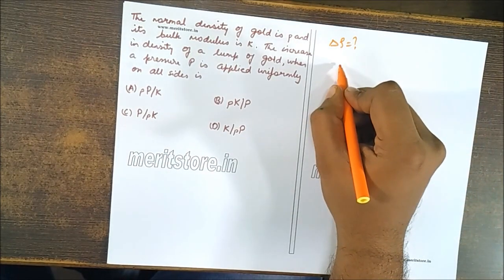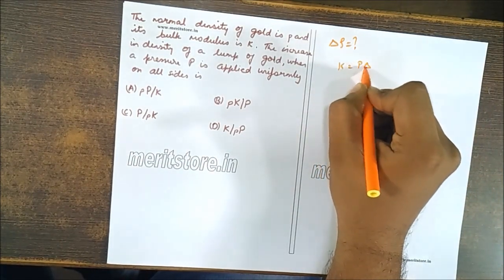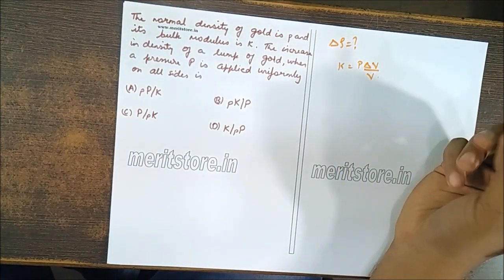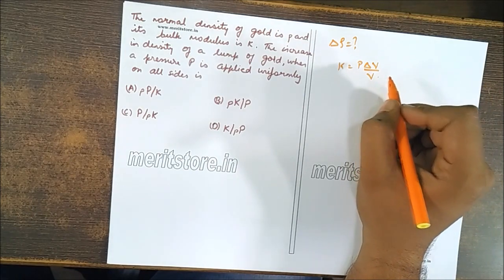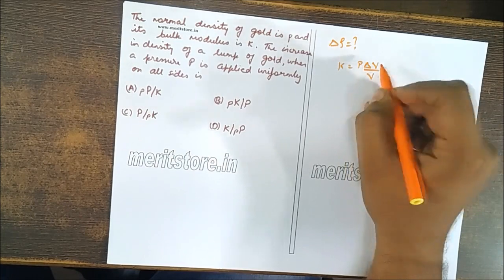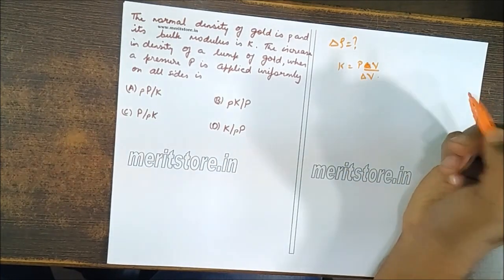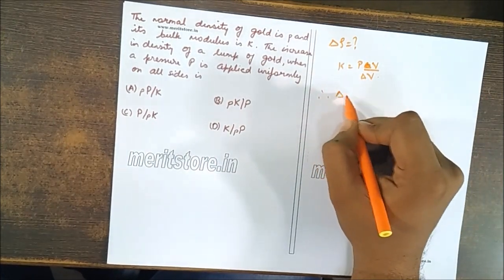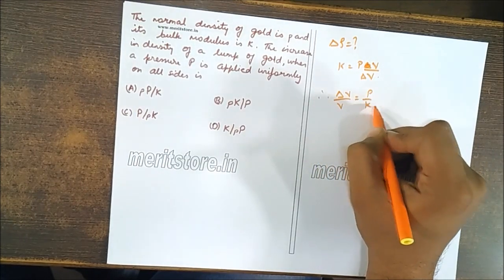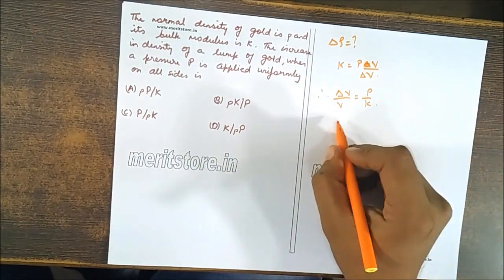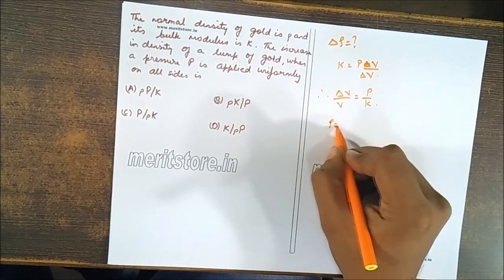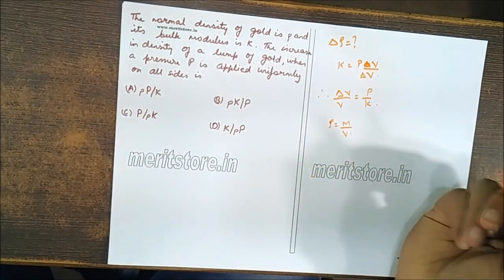We know a relation that K is equals to P upon delta V upon V, that is VdP by dV, or vice versa, that is V upon delta V. Therefore delta V upon V will be P upon K, and we have a relation between density and volume, that is density is equals to mass upon volume.